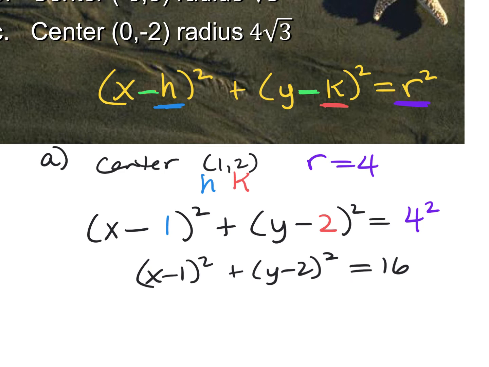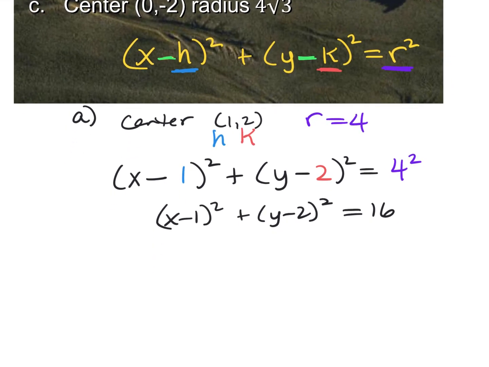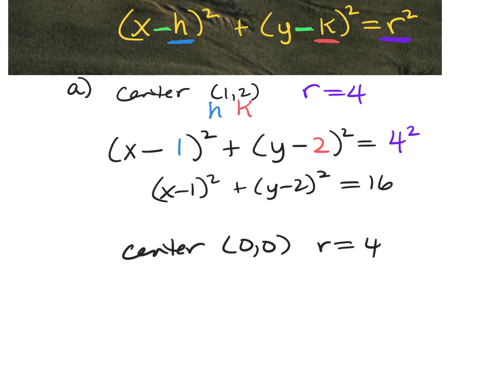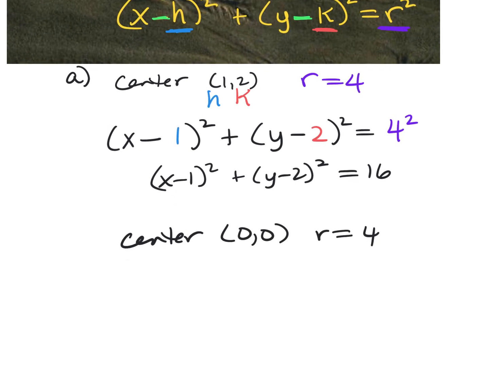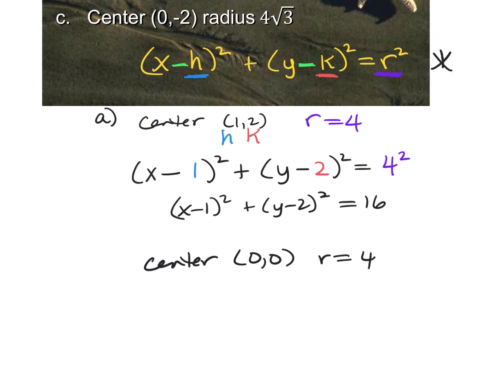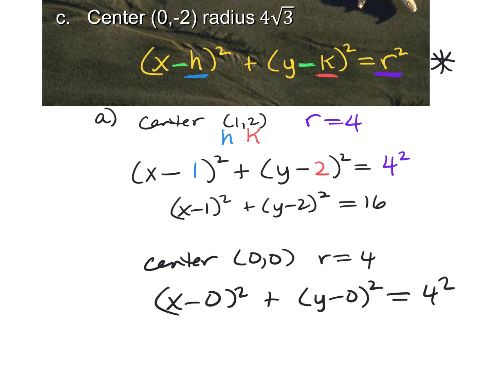Now, just to show you the exact same question that I just did when the center was at 0, 0, with the same radius, what I would have plugged in if you wanted to just memorize this equation here, you would have done x minus 0 squared plus y minus 0 squared equals 4 squared.